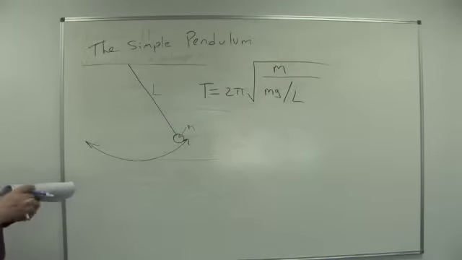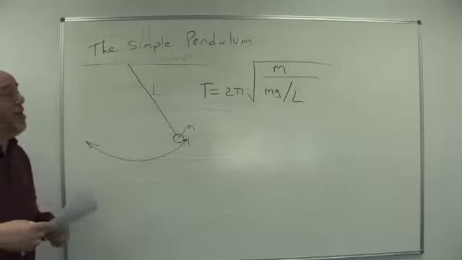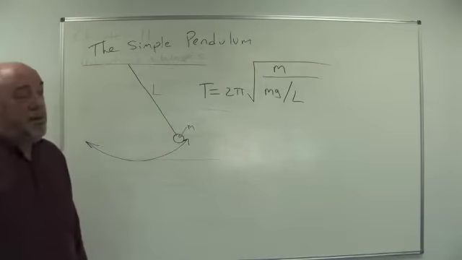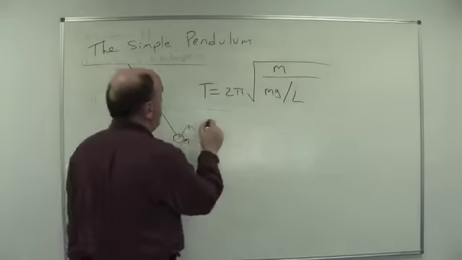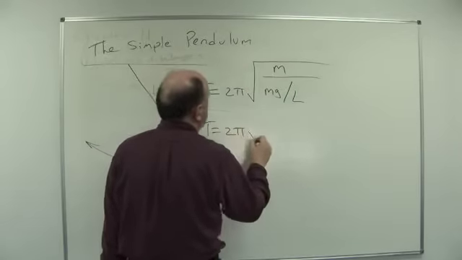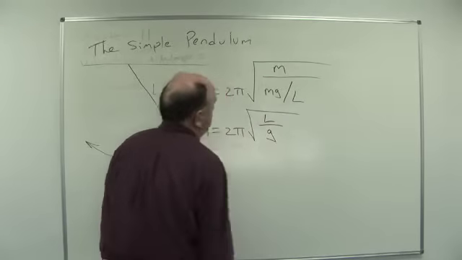If you look at this, you can notice that the m's occur both top and bottom, and therefore the m's will go away. And so this is not dependent upon the mass. And so we end up that the period is going to be 2 pi times the square root of L over g.